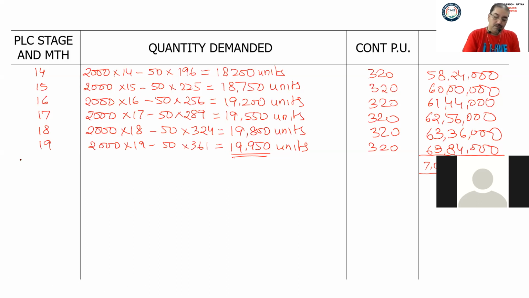Now comes the maturity stage. Year number 20. 2000 into 20 minus 50 into 400.